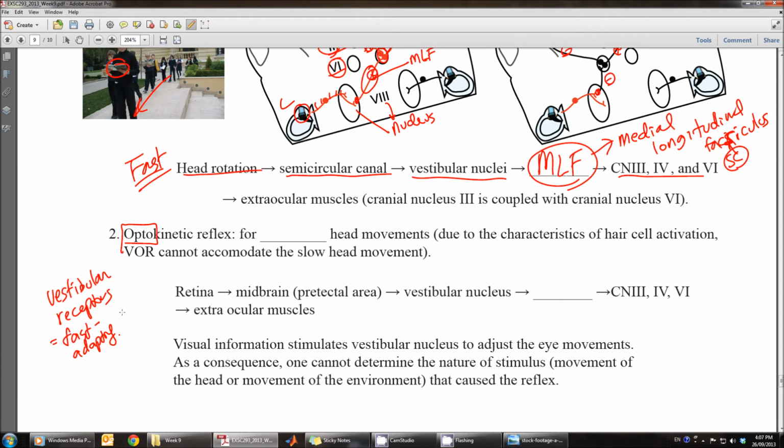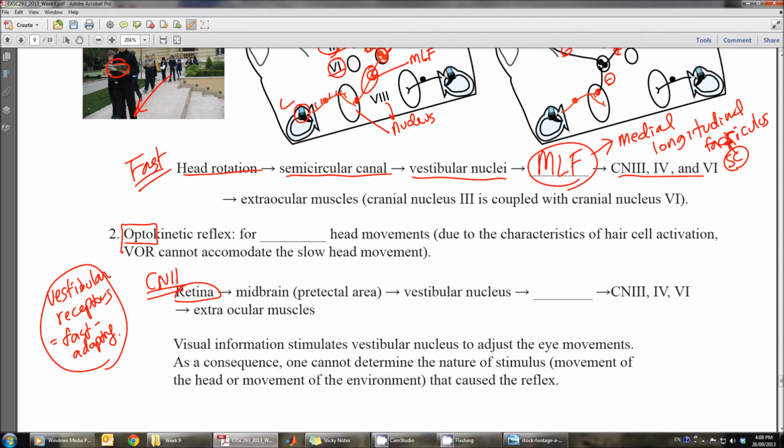So the signal from the receptors will be very small, and we can't really stabilize the gaze for slow movement because it will not really elicit any action potential for cranial nerve number 8. So instead we have to rely on cranial nerve number 2, which is the retinal information or visual information.